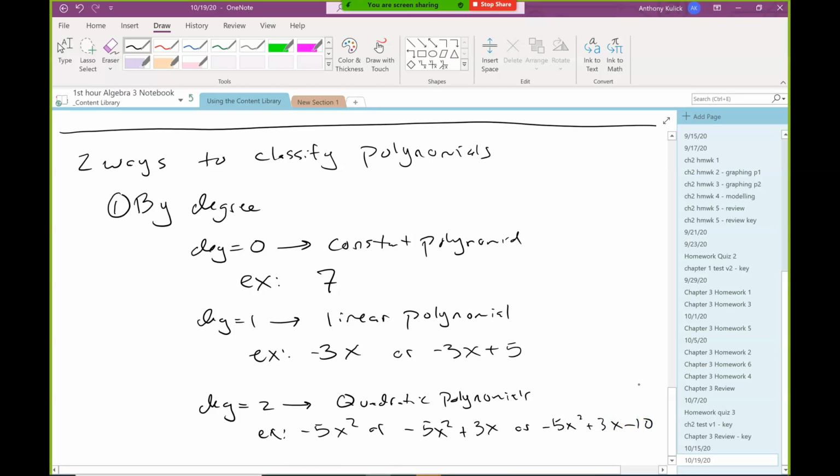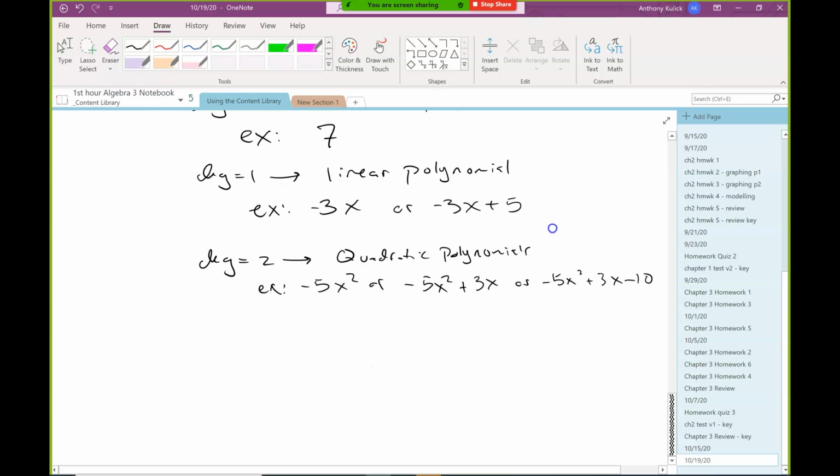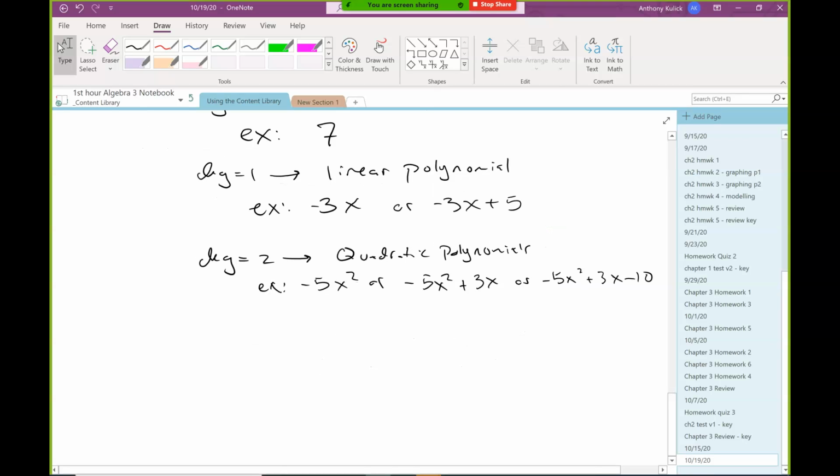All of those are quadratic. Scroll that up a little bit. You still feel okay with the vocab here? So we're just describing some different names that we give these things.